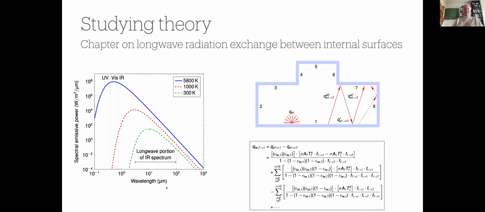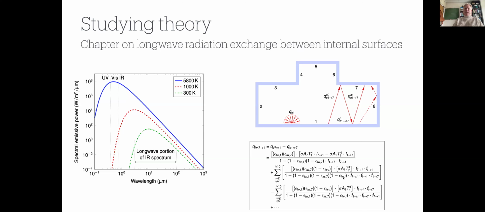presentations that are given in the book when it comes to long-wave radiation exchange between internal surfaces, say between this wall and this wall. It explains some of the basics of radiation heat transfer. So again, if somebody's taken an undergraduate level course in heat transfer, this is a bit of repetition. It talks about emission of radiation from gray bodies. It introduces enclosure analysis, and it shows the mathematical development.